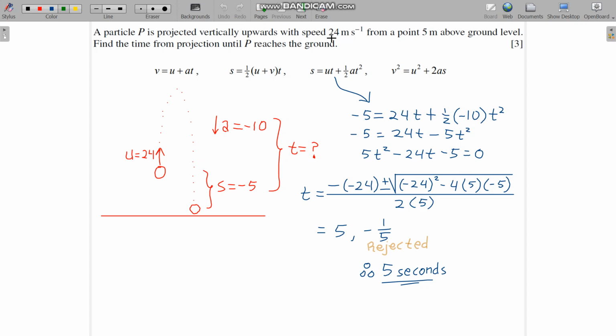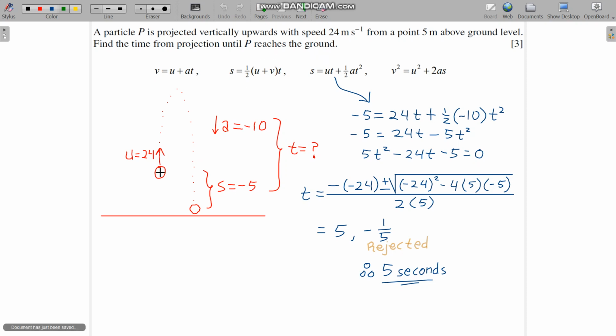Here we have to identify what you know from the question. You have initial velocity u 24, and the launch point is 5 meters above ground level, and you're looking for the time until it reaches the ground.